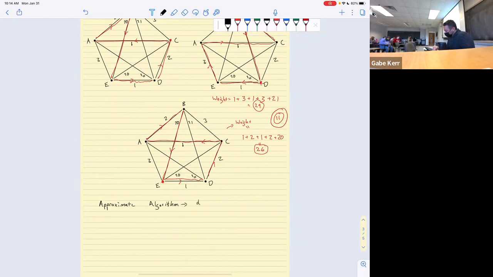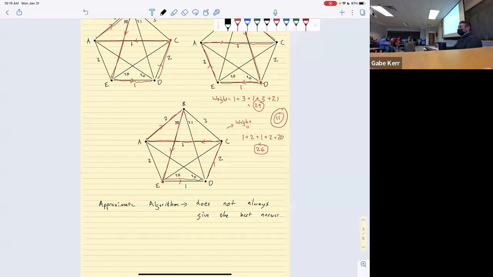So it does not always give the right answer. Sometimes it does. Maybe I'll say the best answer. However, that's a negative for this one. The brute force algorithm didn't have this defect. This one does. On the flip side, the positive side, this algorithm is something we can do very quickly. We don't have to go through 20,000 possibilities.